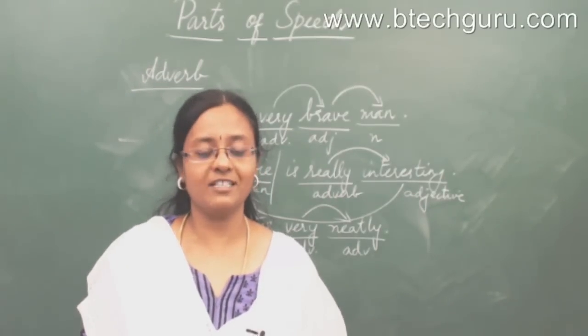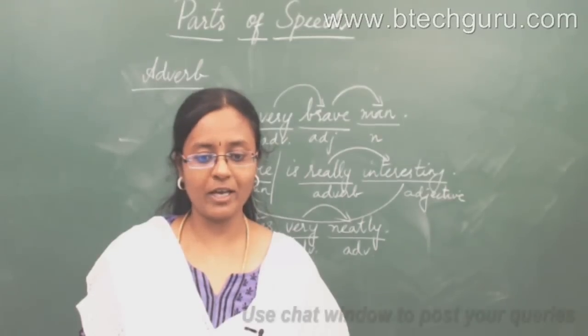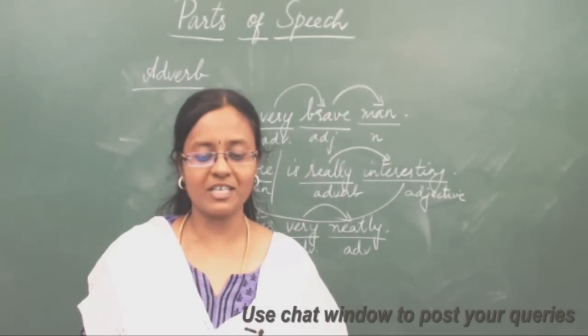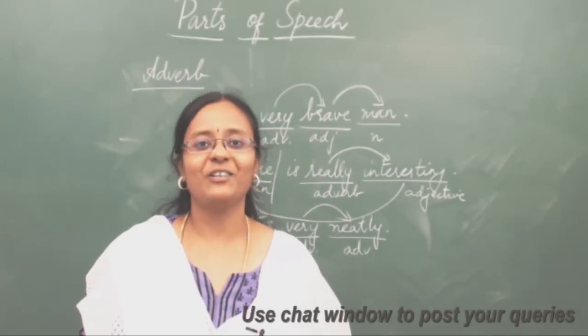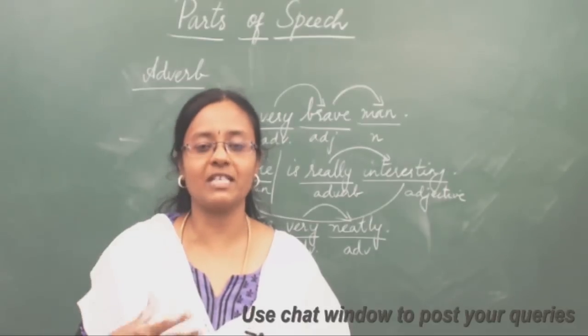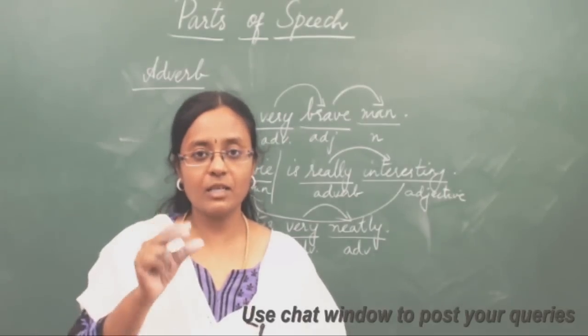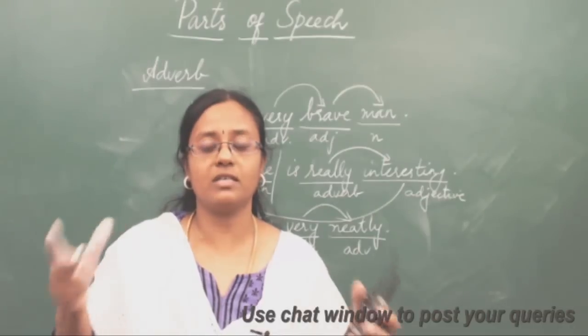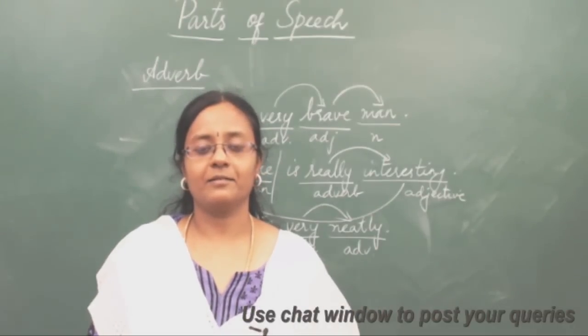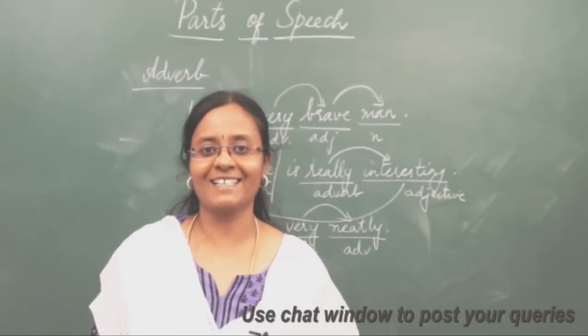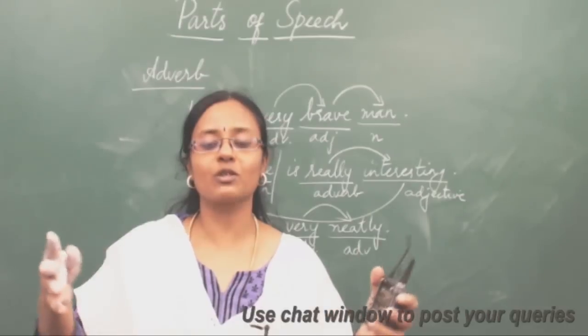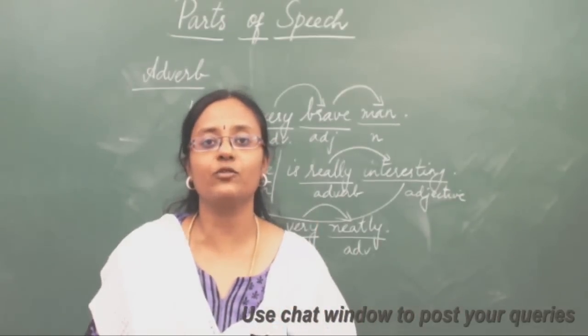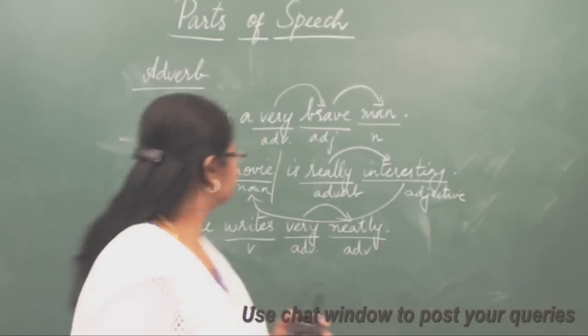We have a question. Is there any easy way to identify the parts of speech in a sentence? Yes. You have to understand the meaning of the sentence and see what work that word does in that sentence. The context. It is not rocket science. There are no definite rules. Only thing is you have to understand the meaning of the sentence. Right?